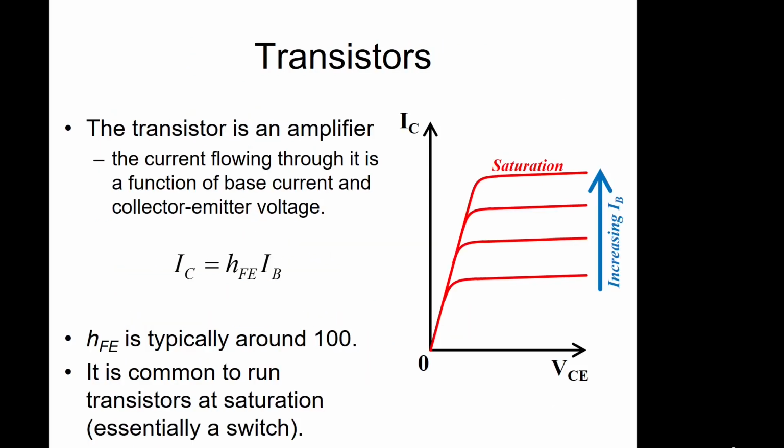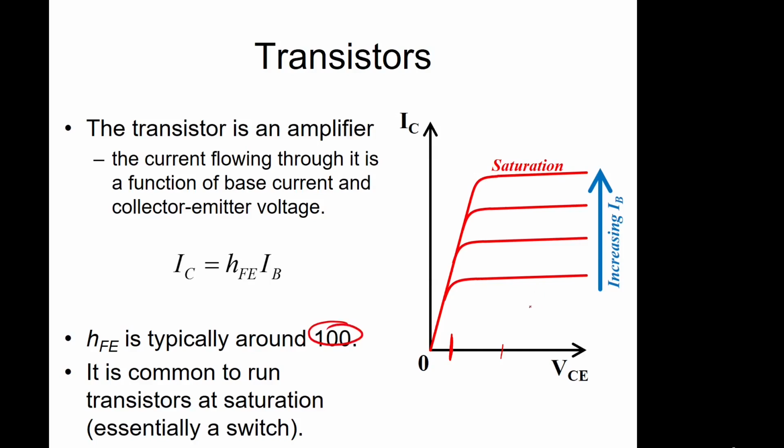So depending on the voltage you've got across the collector emitter contact, if I put a voltage say here, then depending on the amount of base current going into the transistor, you get a certain amount of collector current flowing through the transistor. And this amplification is typically a few tens to maybe up to 100 times.